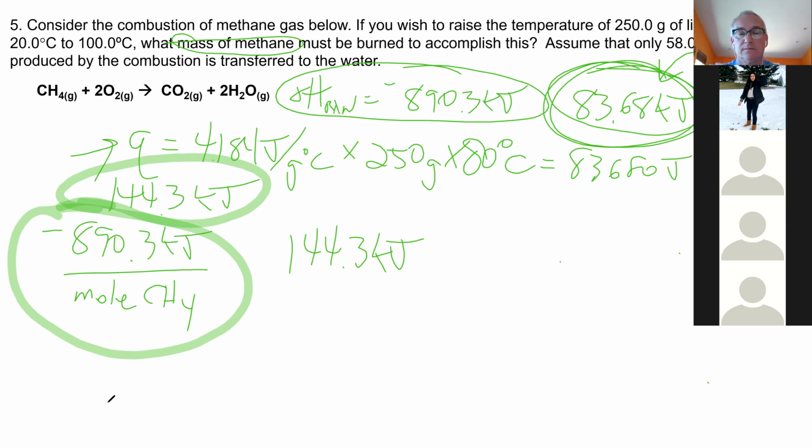Equals negative 890.3. What do I do with that number? Disregard. Man, someone tell me, how am I going to convert kilojoules to moles?